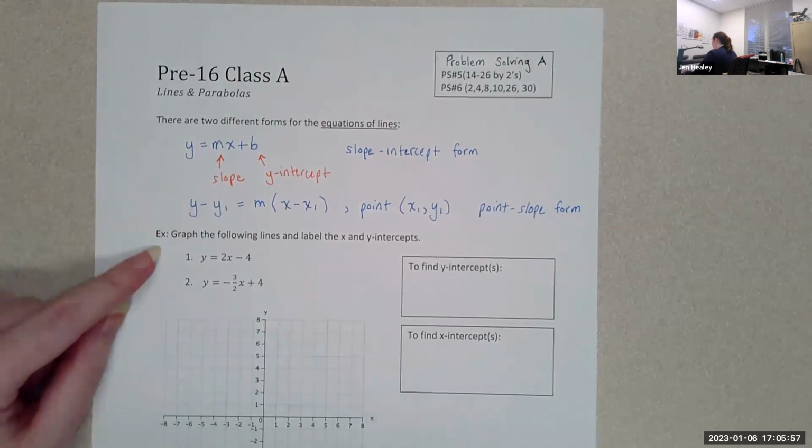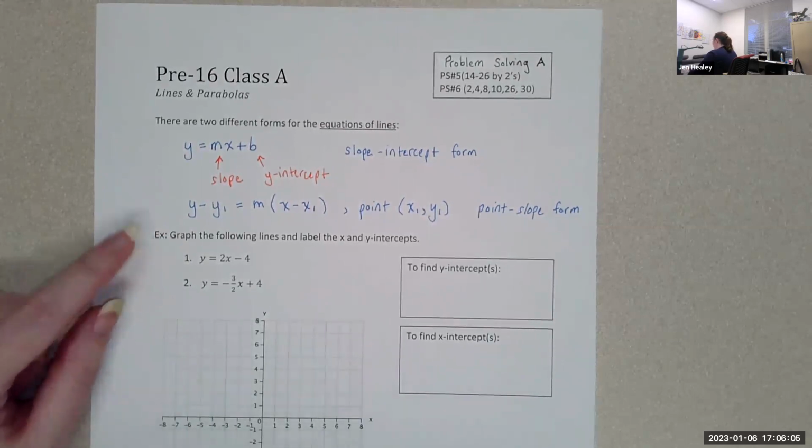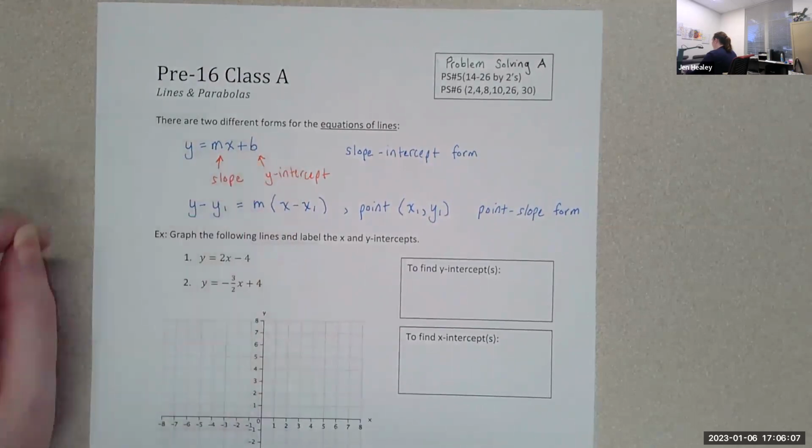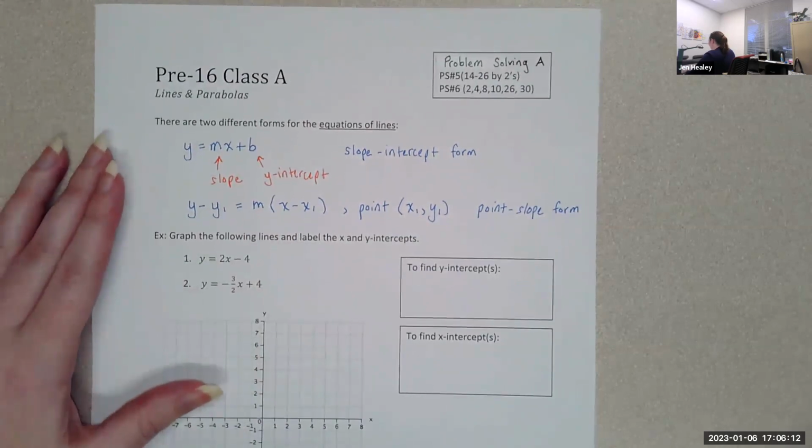So we're going to look at an example where we graph the following lines and then label the x and y intercepts. The y-intercept for the equation of a line is where the line crosses the y-axis.